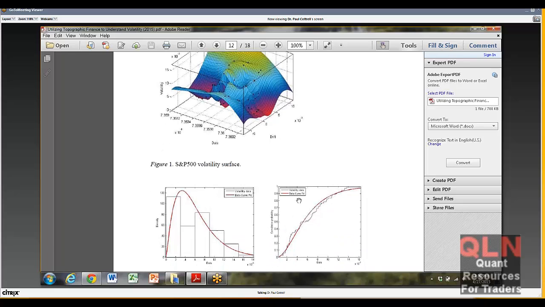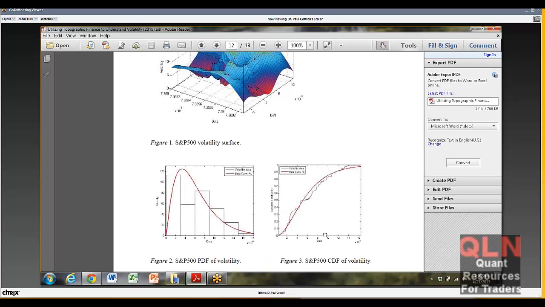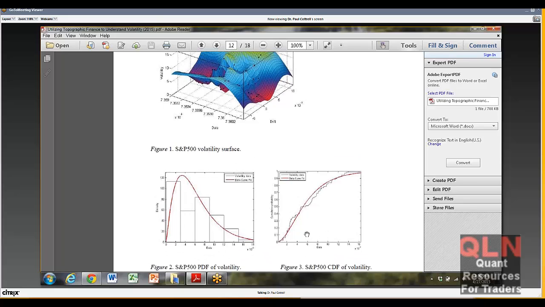With that in mind, you take a look at the CDF function, and the CDF function is basically saying, if I am in a low volatility environment, like this is, a normal reading of the CDF function would be, let's say this was at 4.